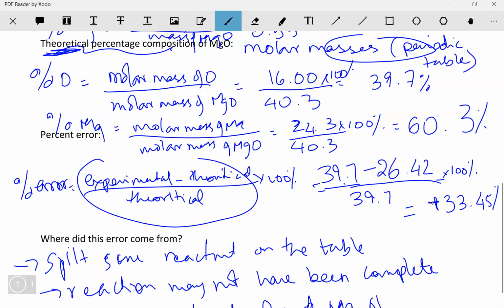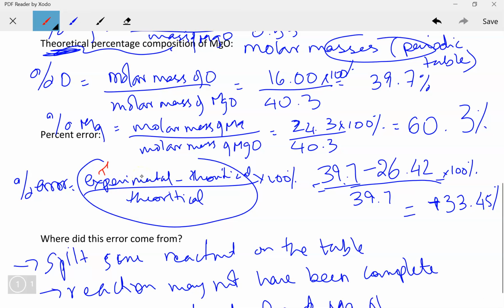So some experimental values are bigger, some experimental values are smaller than the theoretical value. That depends on what experiment you're doing. So either formula would be acceptable, but on your formula sheet it is, in fact, theoretical minus experimental. So I apologize for the mistake here.